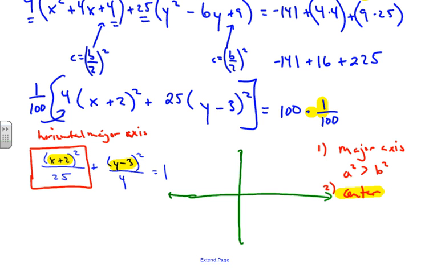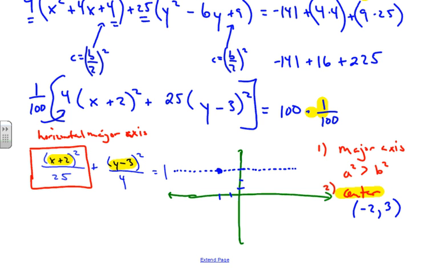We identify this center to be -2, 3. Once again, the x with the x, the y with the y for the center. So we go -2, 1, 2, and 1, 2, 3. Now, I have to admit I'm not very good at drawing ellipses, but I'll do my best. Now from here, I'm going to draw this major axis just so I remember where to go. So here's my center.